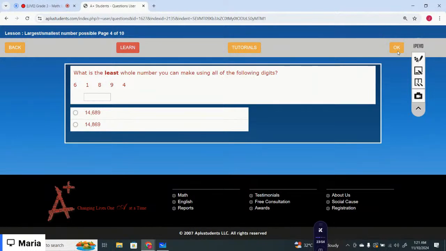You need to find the least number, right? So you need to write the least one at the greatest place value. That is 1, 4, 6, 8, 9. Option number 1 is the correct option. Got it?